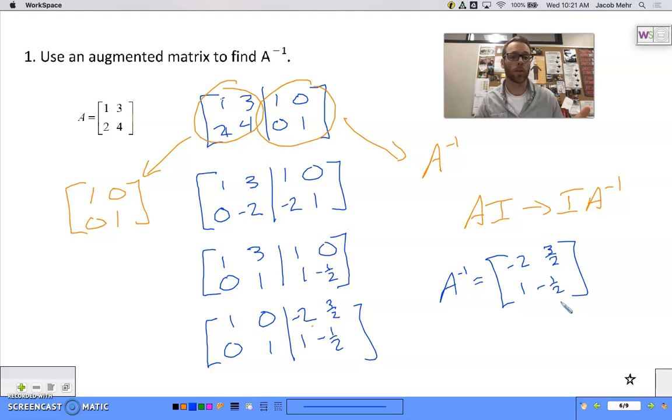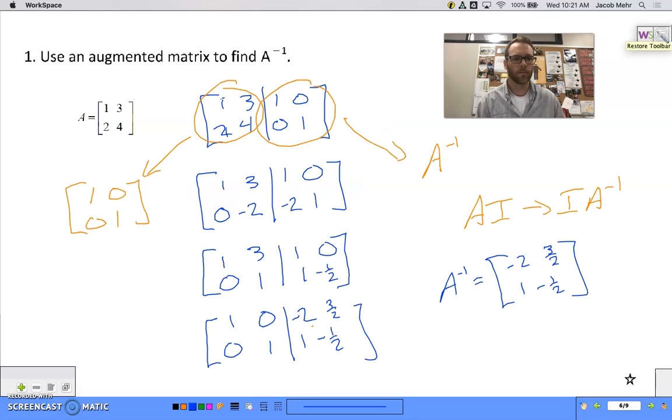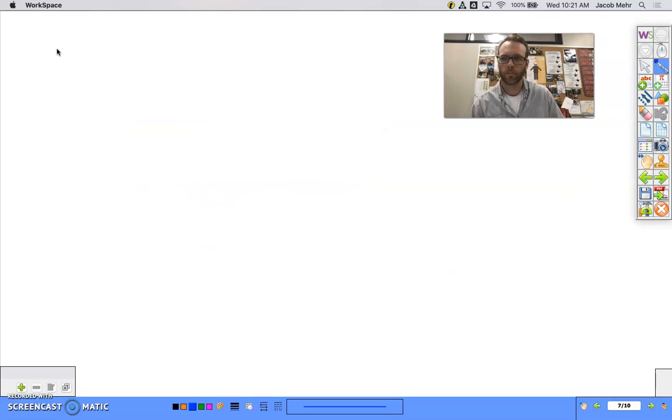Now, how can we be sure that that actually is the inverse? Well, we know this has to be true if it's the inverse. If I take matrix A times its inverse, I have to get the identity matrix. So let's check it. Let's take A times A inverse.